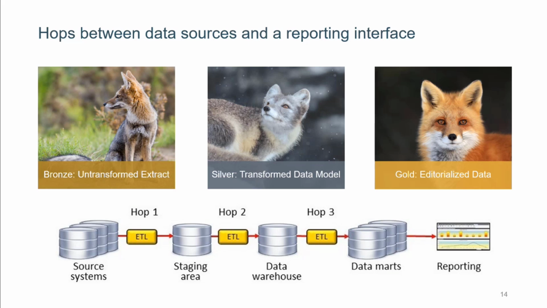The bronze tier is when you load your data into your warehouse. This can look like a simple SQL query where you're querying a relational database, a transactional database. You're querying the data from there and loading it directly into your database.